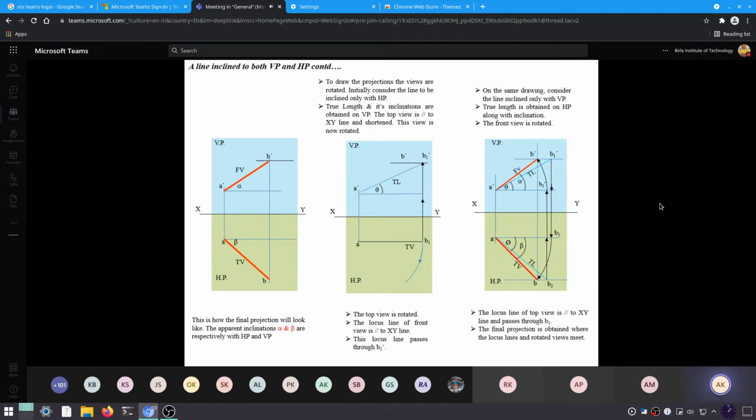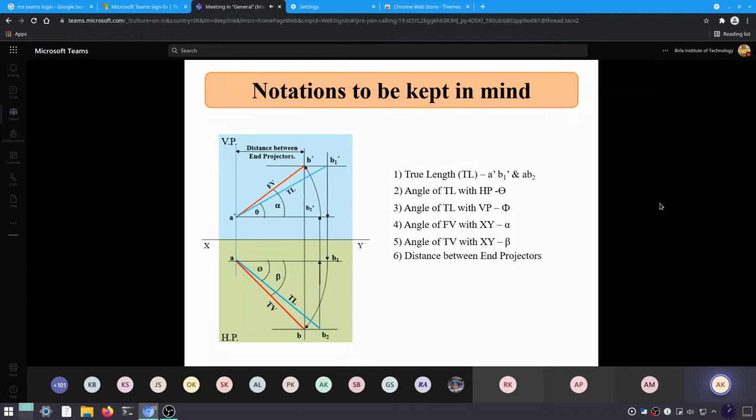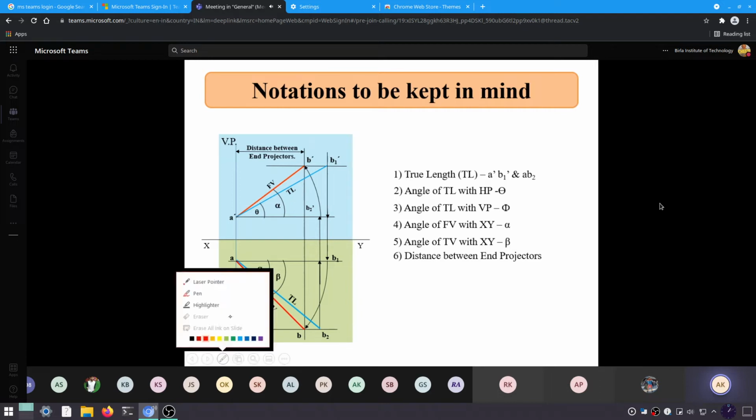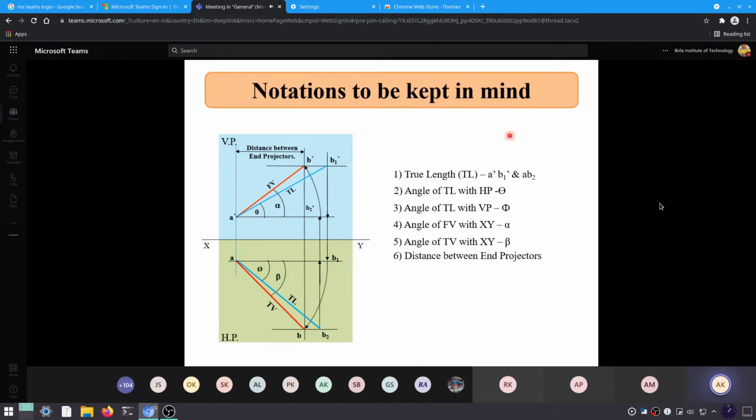So let's go to some of the notations that we have to keep in mind. Here you can see the true length is represented by A dash B1 dash in the front view and A B2 in the top view, right?